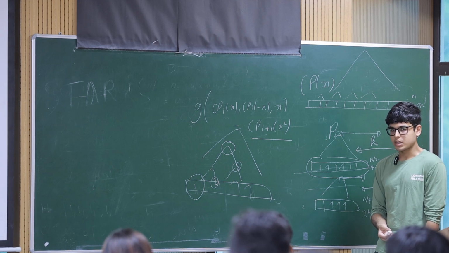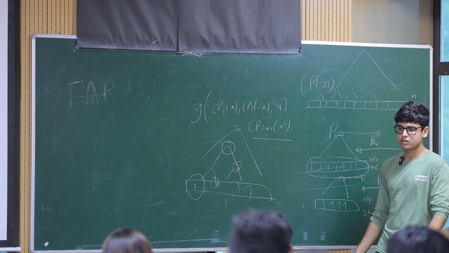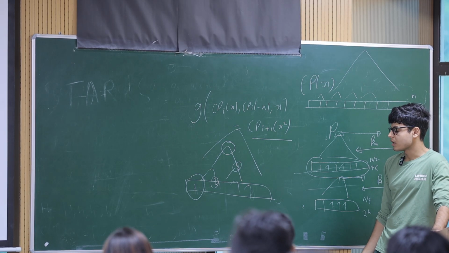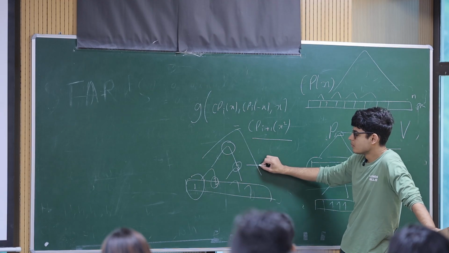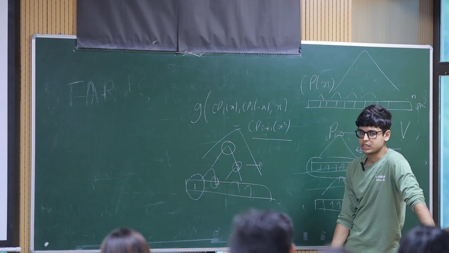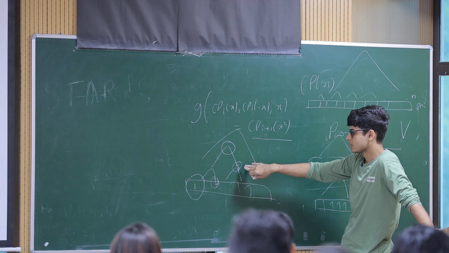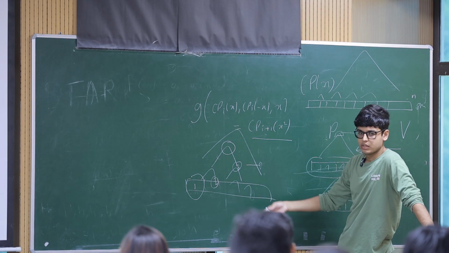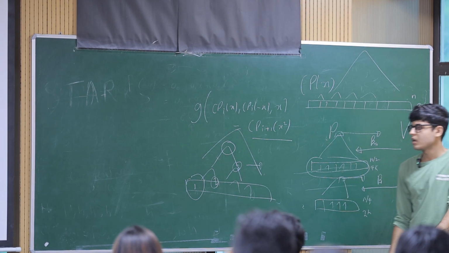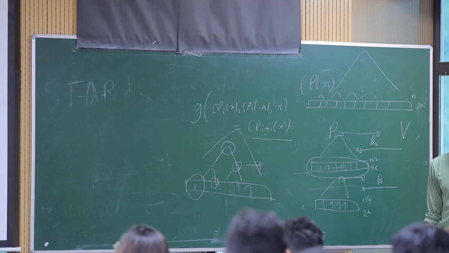What is the property of hashes that actually allows me to do this? Does anybody know? Like, why can't I just randomly give some value? Hard to find collisions. Exactly. It's hard to find a collision, so it's very hard to find some random hash. Great. Okay, so what has the prover actually given?